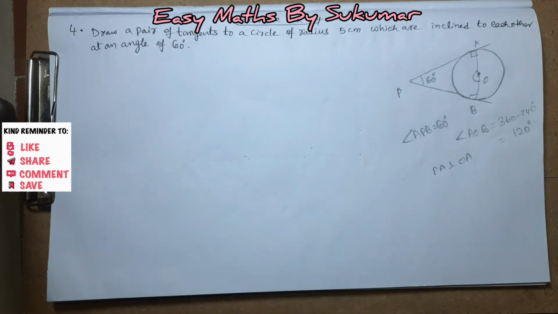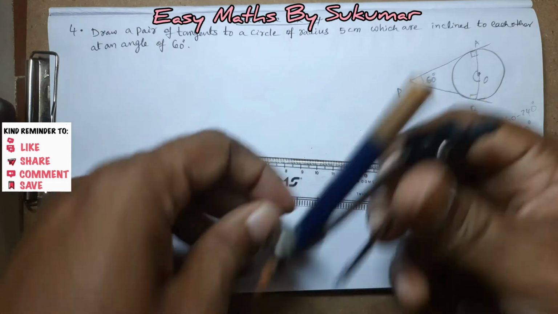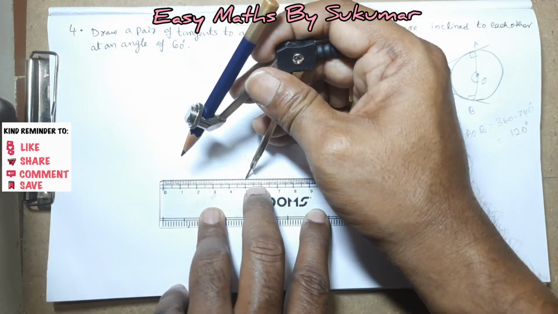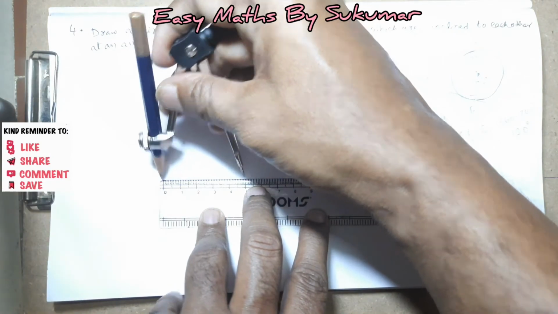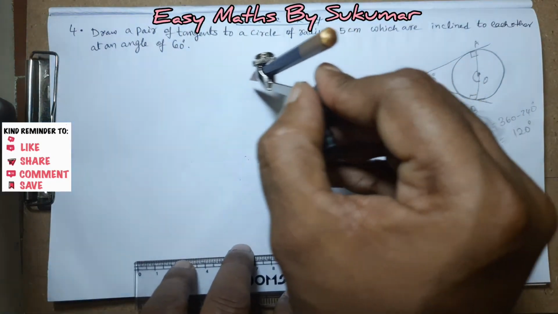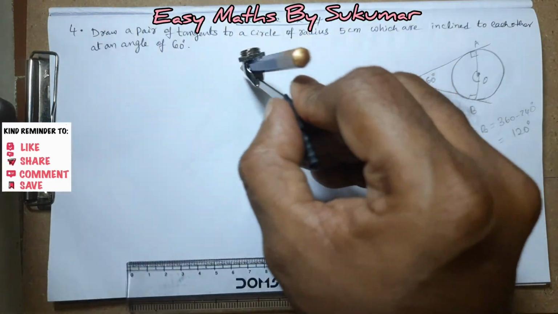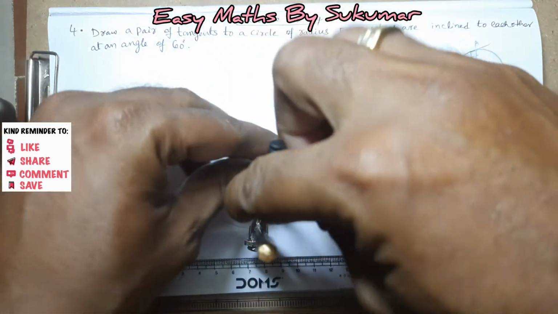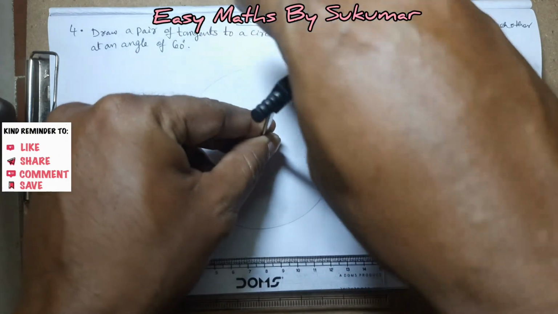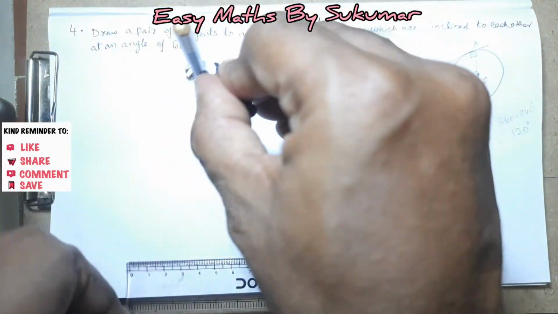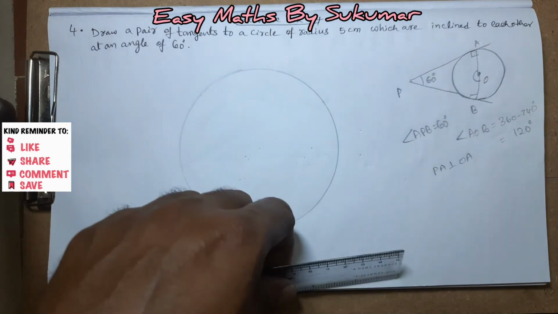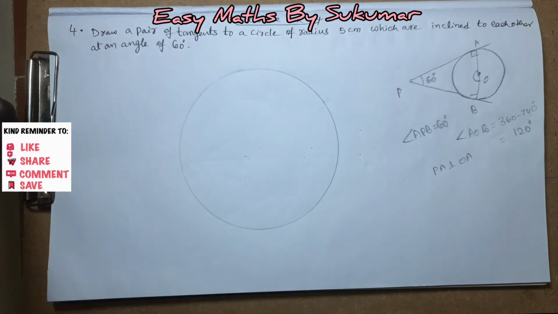Okay. See my dear students, first what we have to do here is with 5 centimeters radius, just draw this circle. With 5 centimeters radius, draw this circle. Okay, what next here?